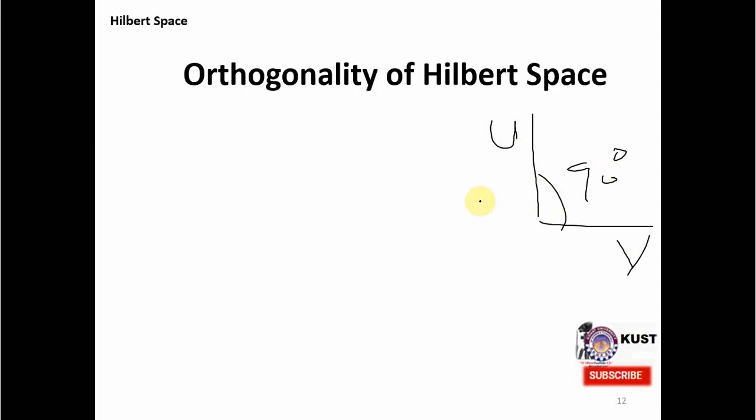The same condition we use here for the Hilbert space: if there are two vectors which are at 90 degrees to each other, their dot product must vanish. So we use the definition of dot product which is already defined on the Hilbert space to check its orthogonality. So if we have a vector, there must exist another vector which is orthogonal to it. And if it is orthogonal, psi is not 0, phi is not 0, but still their dot product is 0. So we say that the Hilbert space is actually orthogonal.